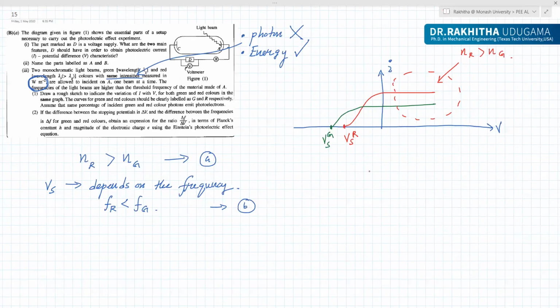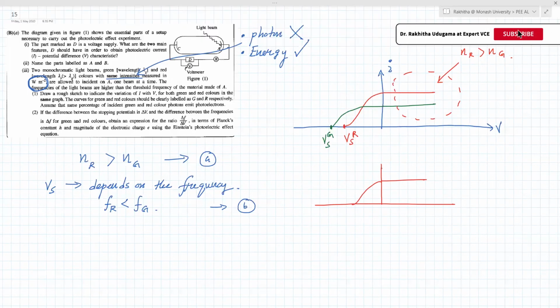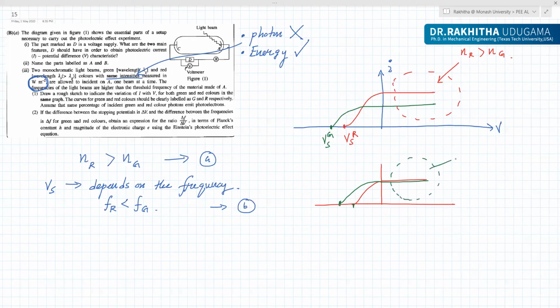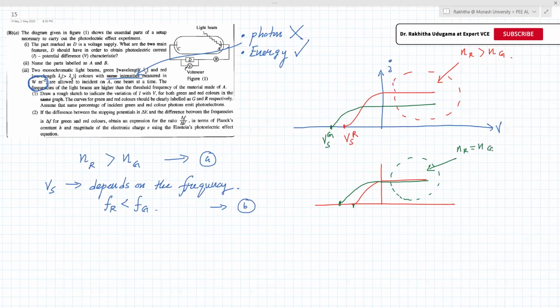So if you check my previous review, I have taken this graph in this way, which is conceptually right. But what I have taken here is N_R equal to N_G. Why?